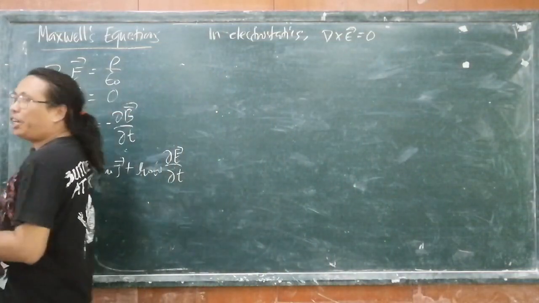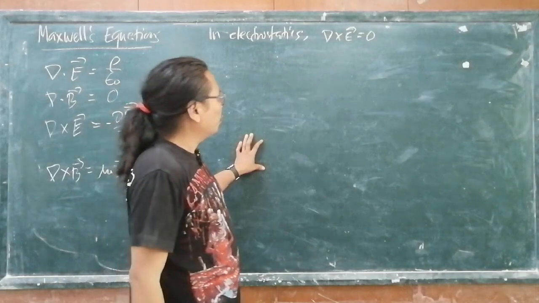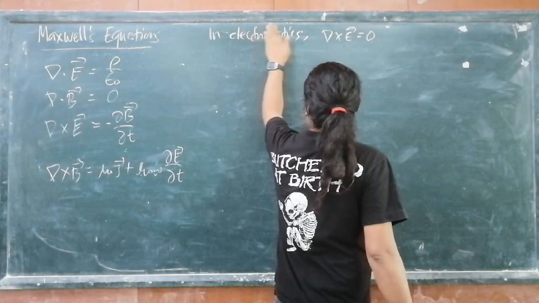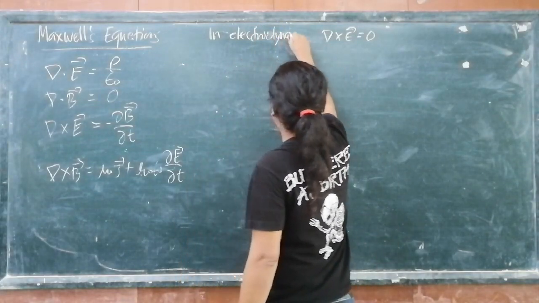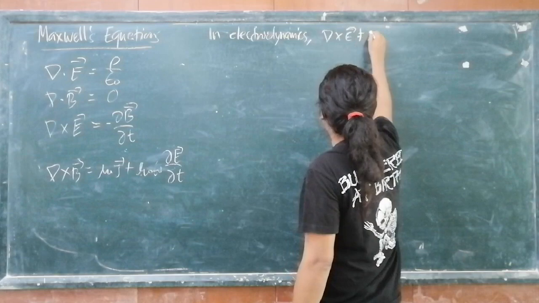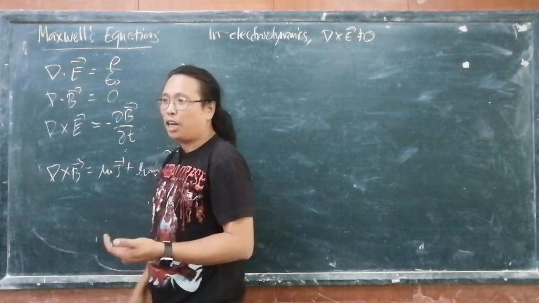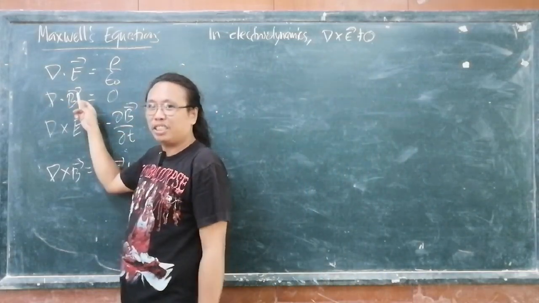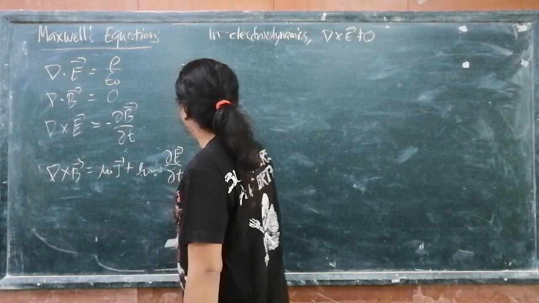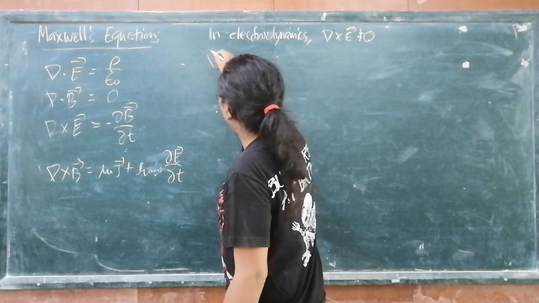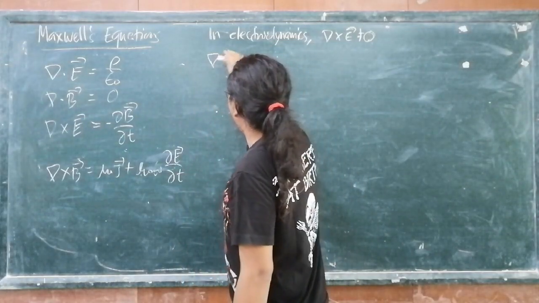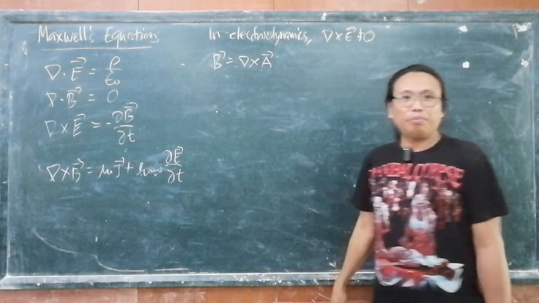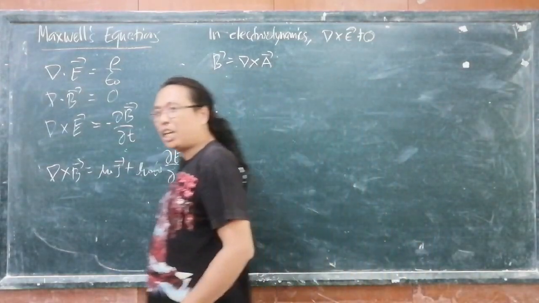But the problem is that we are now in electrodynamics. So del cross E is no longer 0. Clearly, del cross E is not equal to 0. In fact, this is now the equation for del cross E. But still, B is divergence-less. So with del dot B equals 0, we can still let B be del cross A. We call this the vector potential.